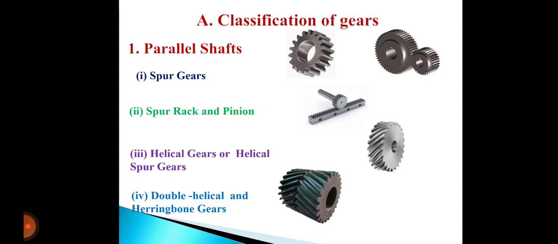The teeth of the two rows are separated by a groove used for tool run out. The axial thrust which occurs in each of the single helical gears is balanced in double helical gears. So, these are used in transmitting torque between parallel shafts.